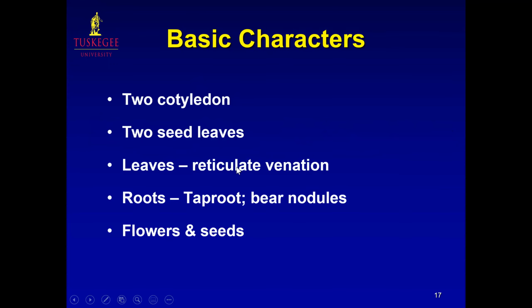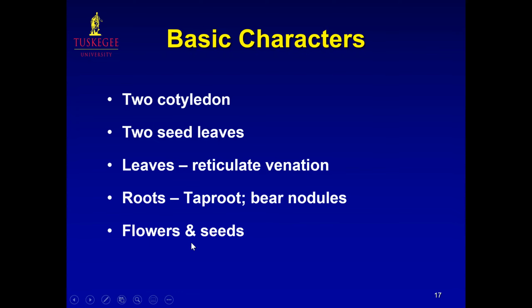That's called reticulate venation. Unlike grass leaves, they have reticulate venation, which we will look at in images later on. The roots will be a taproot system, unlike the fibrous roots of grass forages, and they have nodules, which are required for fixing nitrogen.